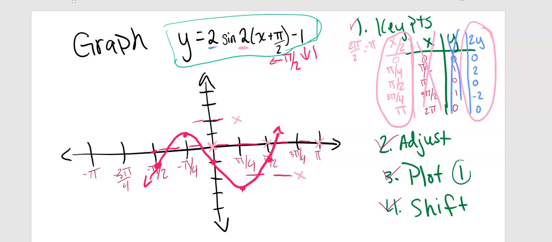The way I'm going to write out these equations, this b value is never going to be with the x inside the parentheses. Never. It gets very confusing when it is there, and you're going to have to do some extra math to try and get the correct left-right transformation.